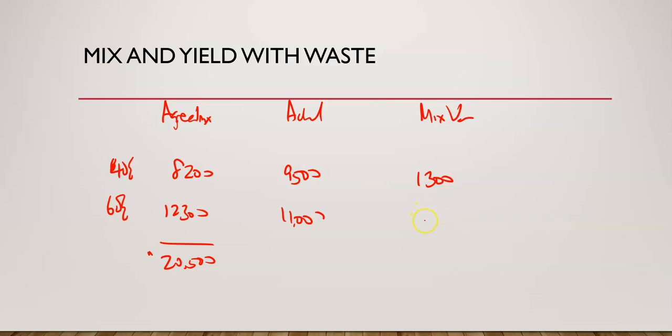Then here, the agreed mix was that you would sell 12,300, but you sold 11,000. So this is favorable, and you sold 1,300 less here. Now I'll price this, and this is at 5 and this is at 6.